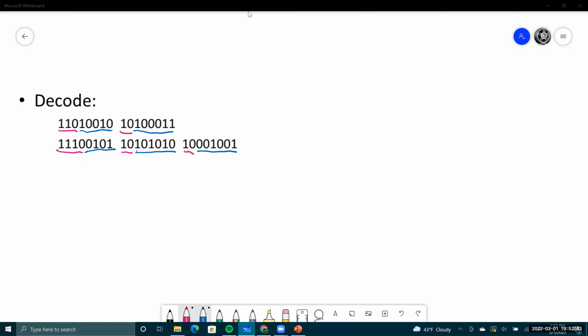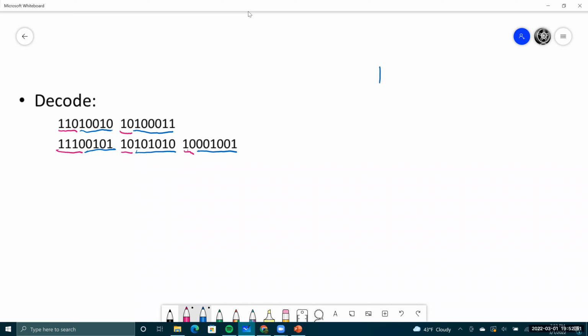Okay, so now let's take a look. Let's break this apart. Extracting the values from this template, from the first code, we have 1 1 0 0 0 1 0 1 0 0 1, right? 1 1 0 0, 3 zeros and a 1, and then 0 1, 2 zeros and 1.